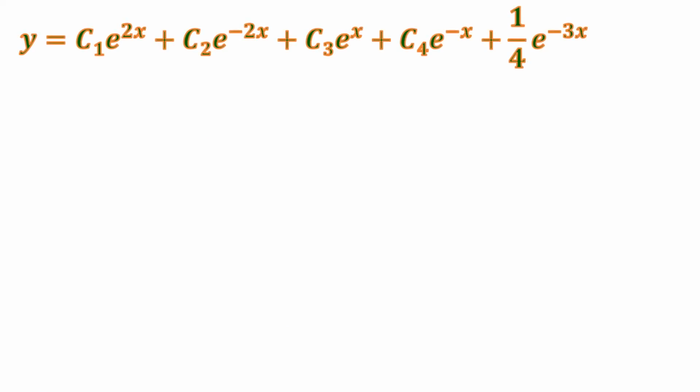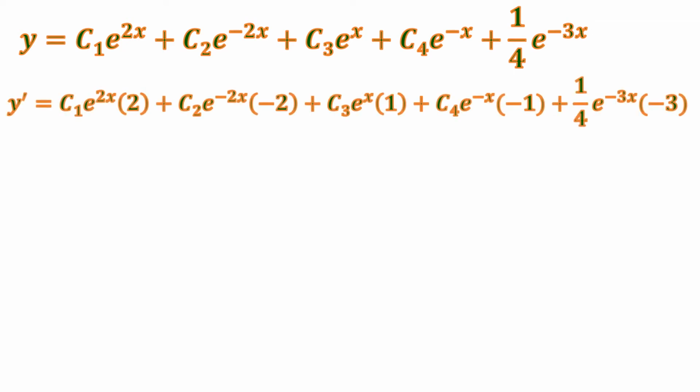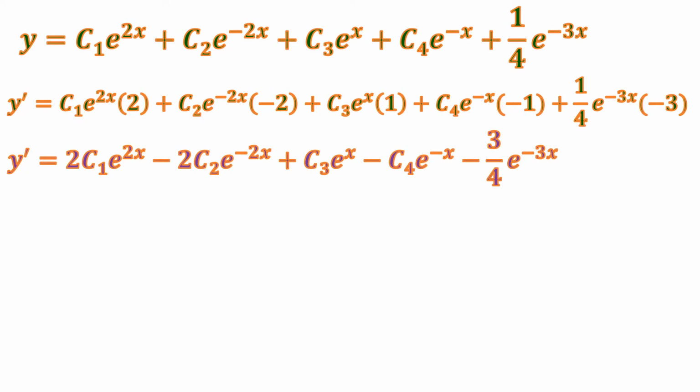So let's take the general solution, and we need the y prime, because that is part of the initial conditions. So let's differentiate. The y prime is c1 e^(2x) times 2. That's for the first term, and it's the same with the rest. It's just multiplied by the derivative of the exponent. Then let us simplify further by putting the constants to the left side.